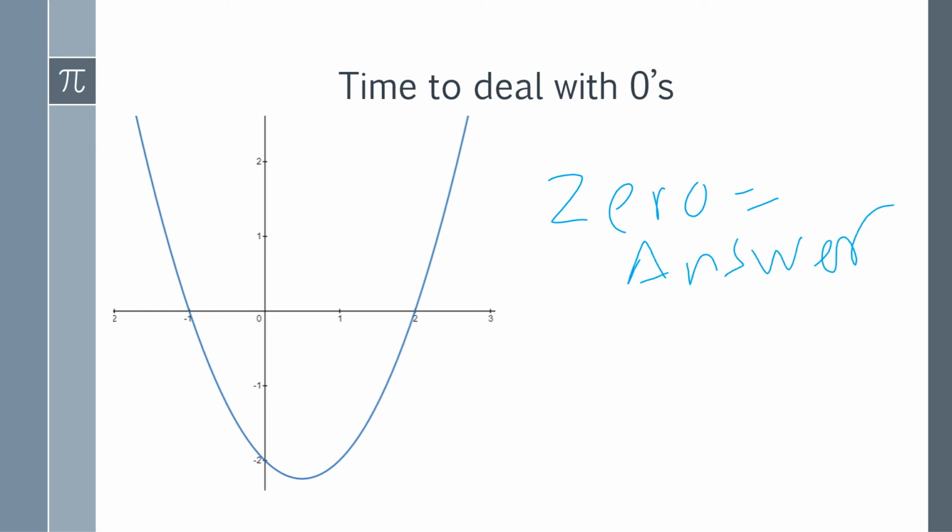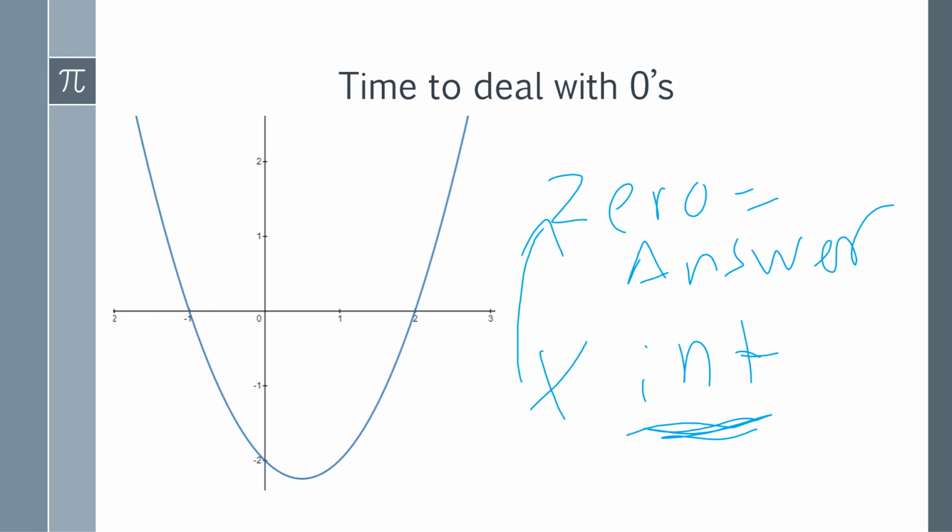But also, when I asked you about the x-intercept, I remember I write this as intercept. When I say x-intercept, I'm pretty much saying zero. So zero is pretty much the x-intercept. But also it's the answer too, when you solve these equations.